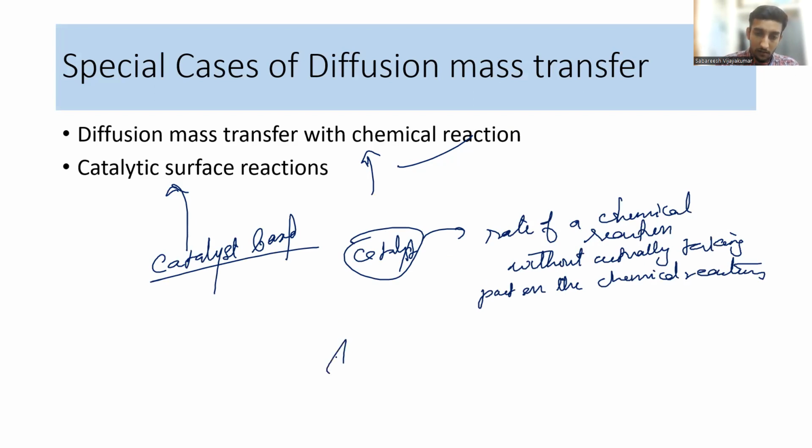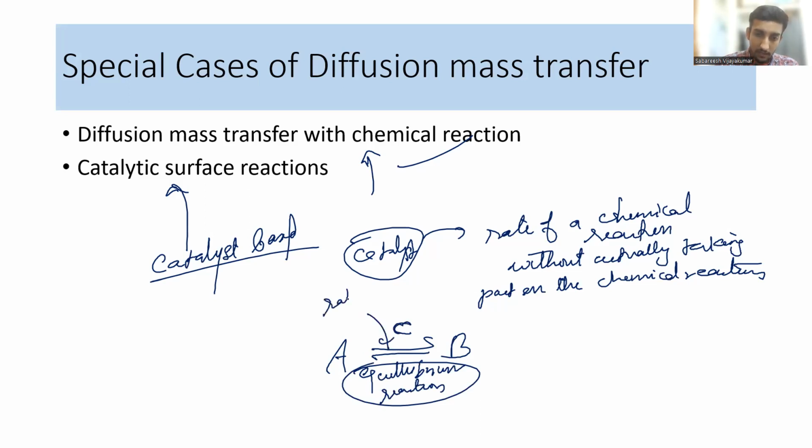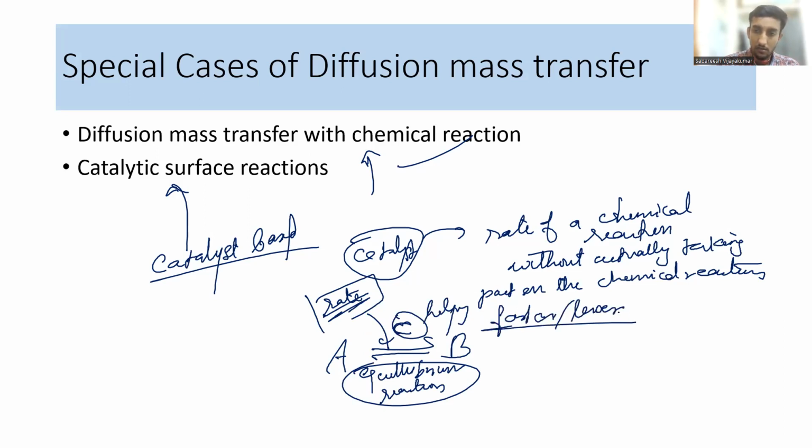If A changes to B in the presence of C, suppose this is an equilibrium reaction, a third substance C will control this rate, helping the reaction occur faster or slower.